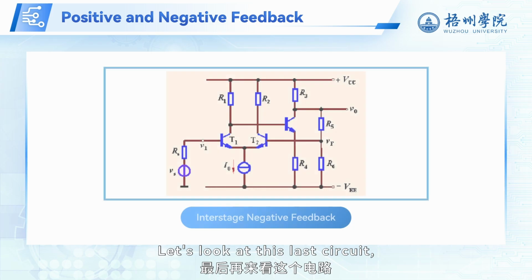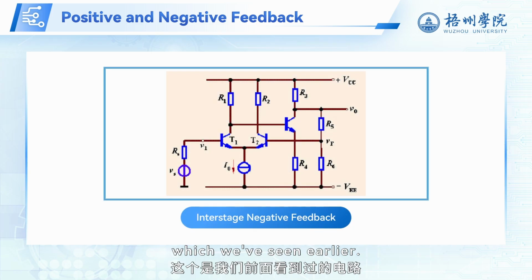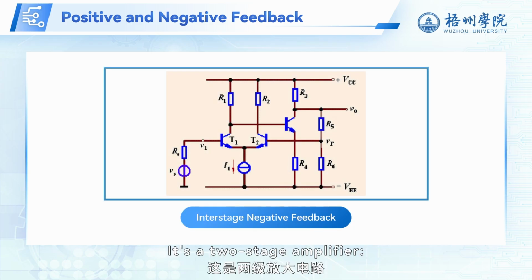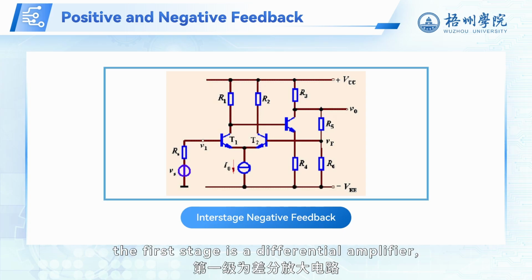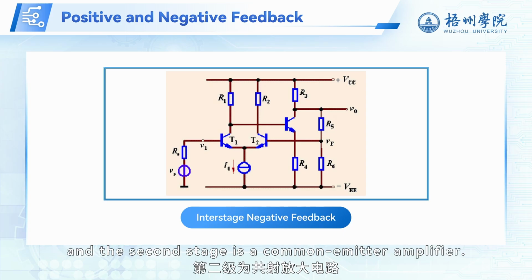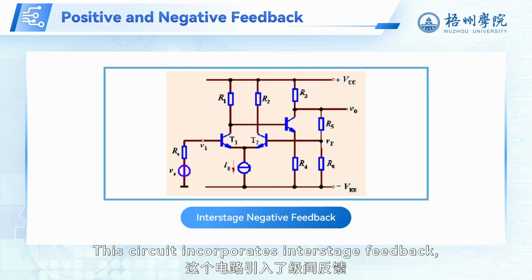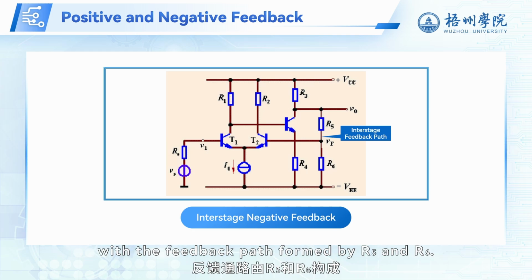Let's look at this last circuit, which we've seen earlier. It's a two-stage amplifier. The first stage is a differential amplifier, and the second stage is a common emitter amplifier. This circuit incorporates interstage feedback, with the feedback path formed by R5 and R6.